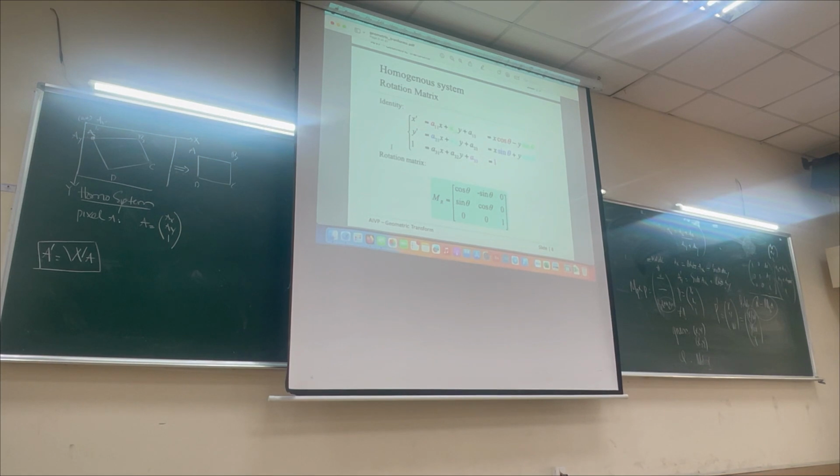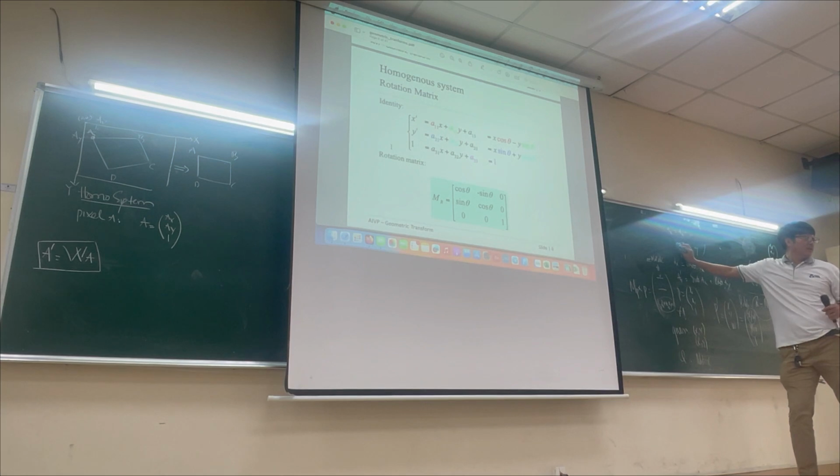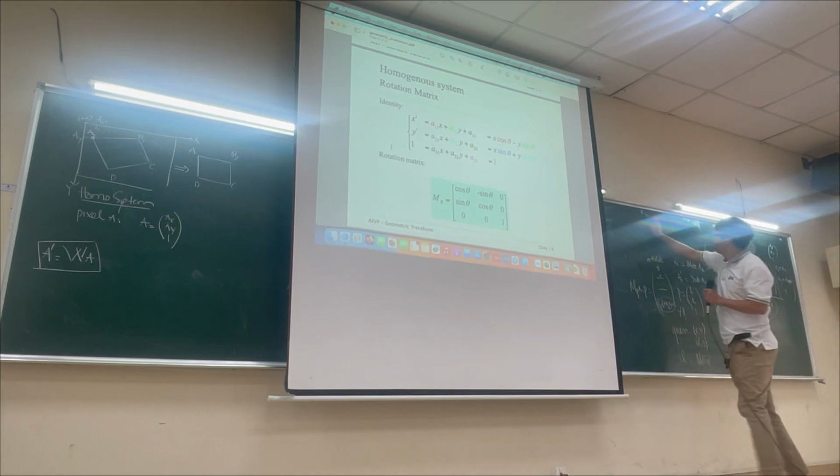Here is just an example for rotation, to find the relation between F prime and F1. The principle is the same. How about translation? The same. Here is the theory method, and here is just a minor difference.